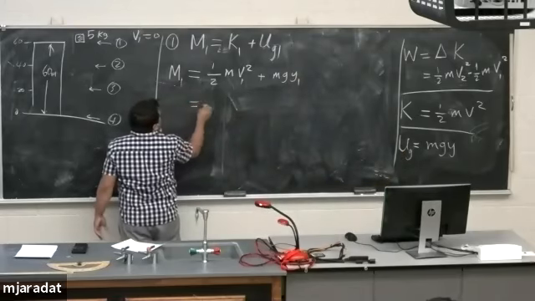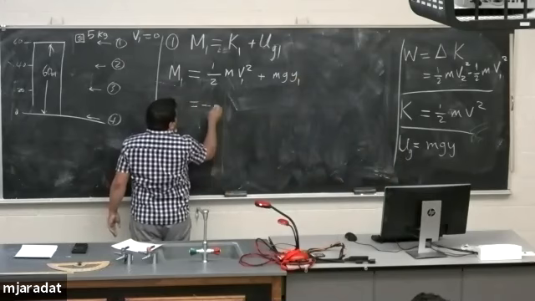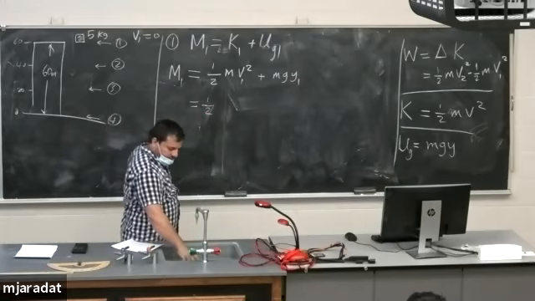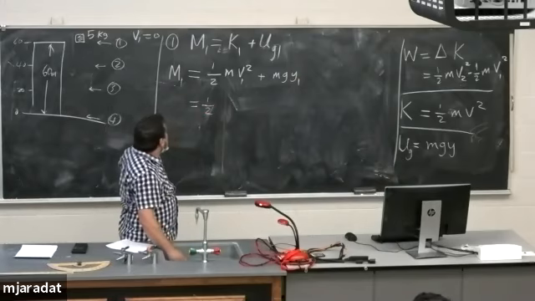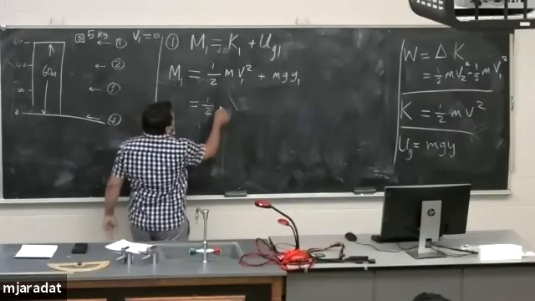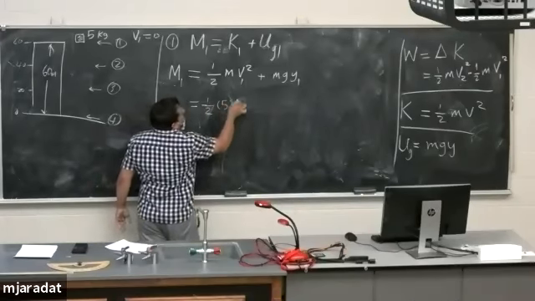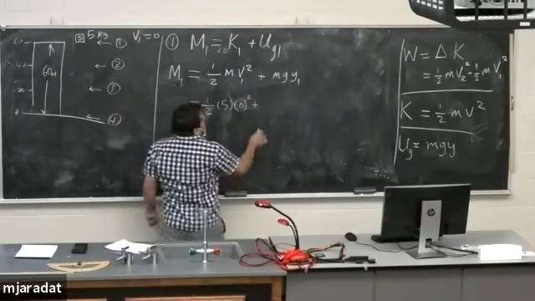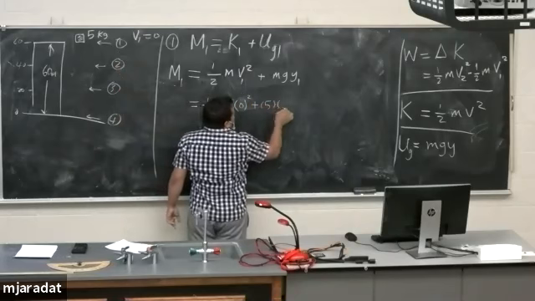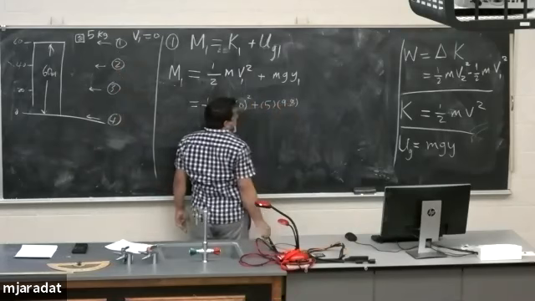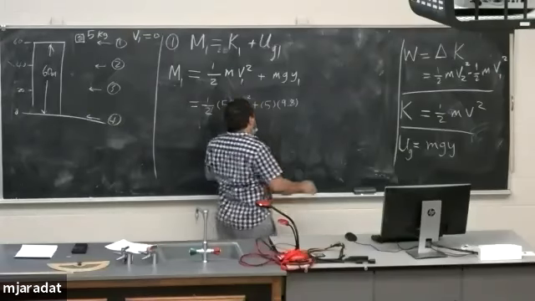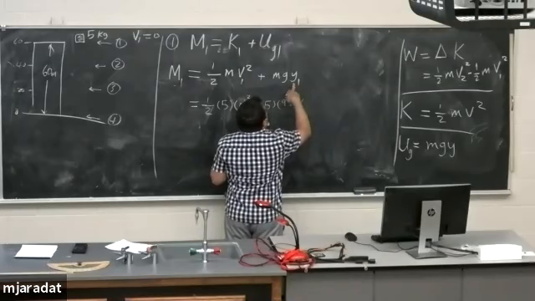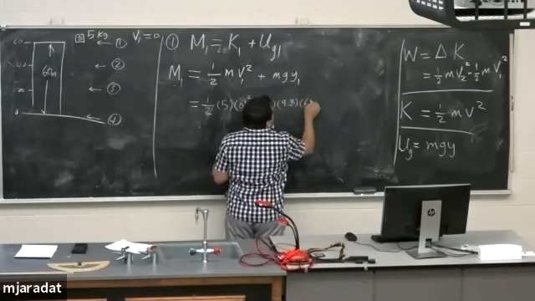This is equal to the half, the mass is 5, the velocity at the first point is 0 squared, plus the mass 5, g is 9.8. I like to use 10, but I have to teach you the right magnitude, and y1 is 60.